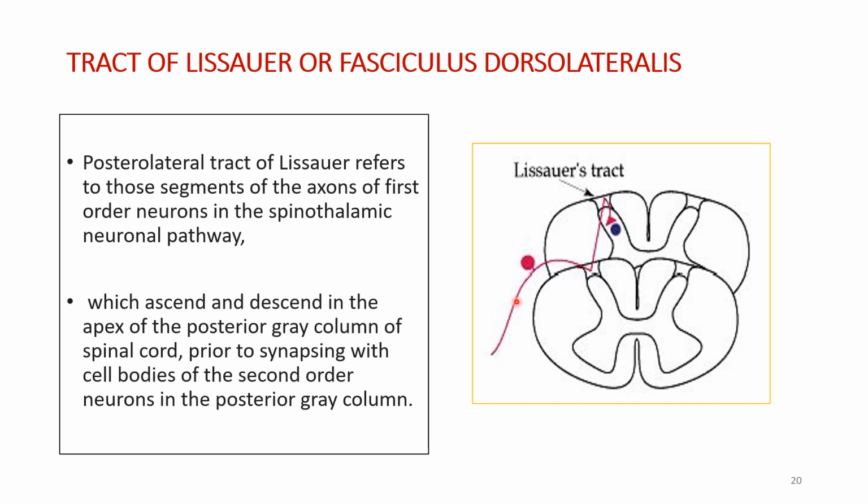So these are the first order neurons. Here they should be synapsing with the second order neurons, but some fibers will ascend up or descend in the spinal cord and they will form the tract of Lissauer or fasciculus dorsolateralis.